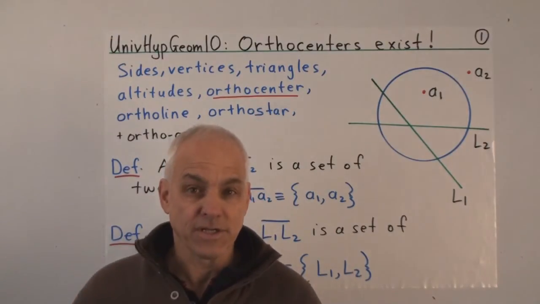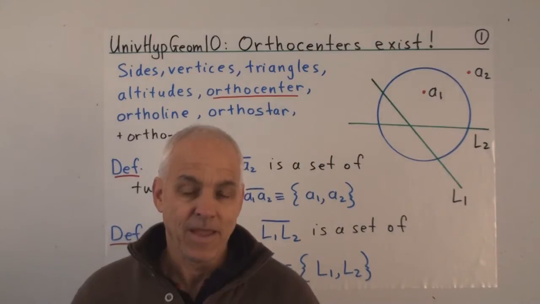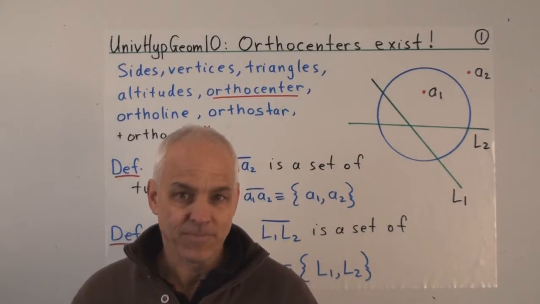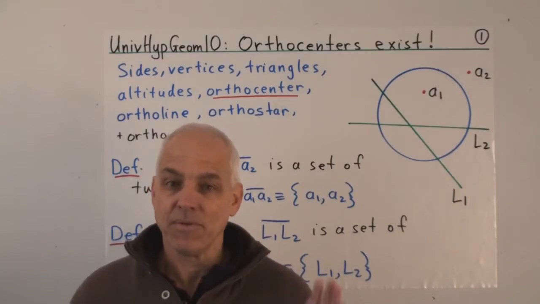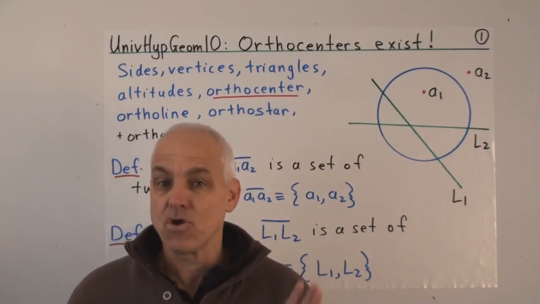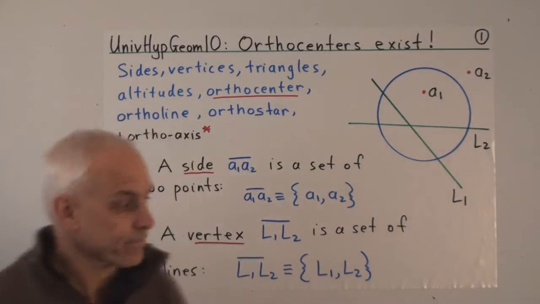In those other courses, the orthocenter doesn't in general exist, and so triangle geometry never gets very far off the ground. It's a big difference between that and what we're doing here. Here the orthocenter does exist, and it becomes a core pillar on which we build hyperbolic triangle geometry.